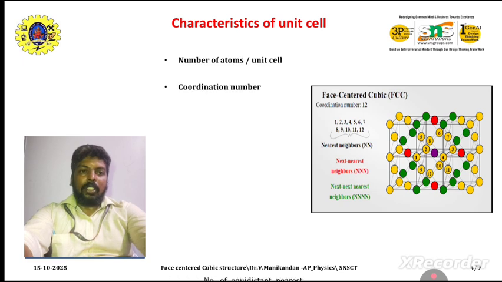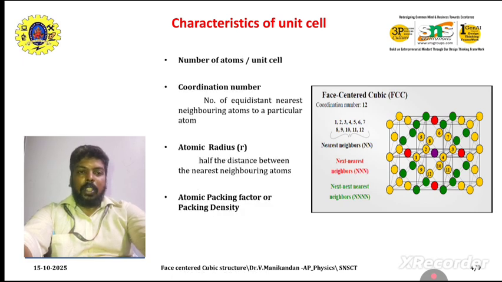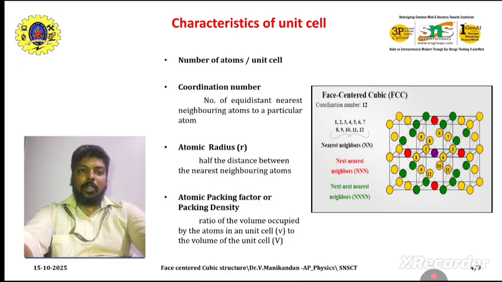Now we will see some characteristics of the unit cell. First, the number of atoms per unit cell, and the coordination number. For FCC the coordination number is 12. Coordination number is nothing but the number of nearest atoms to a particular atom in the unit cell.